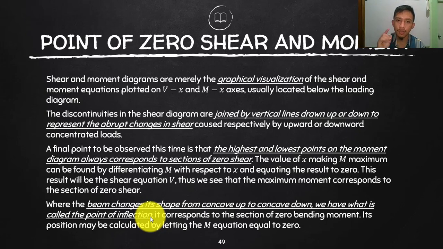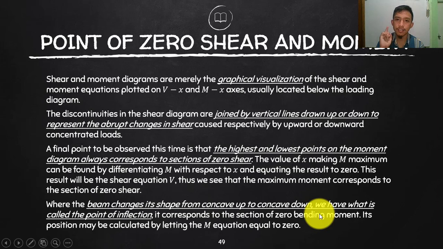So where are we going to find that change in concavity? You discussed that in your calculus. That is your zero moment. The beam changes its shape from concave up to concave down. That is what we call the point of inflection, and that corresponds to the section of zero bending moment.